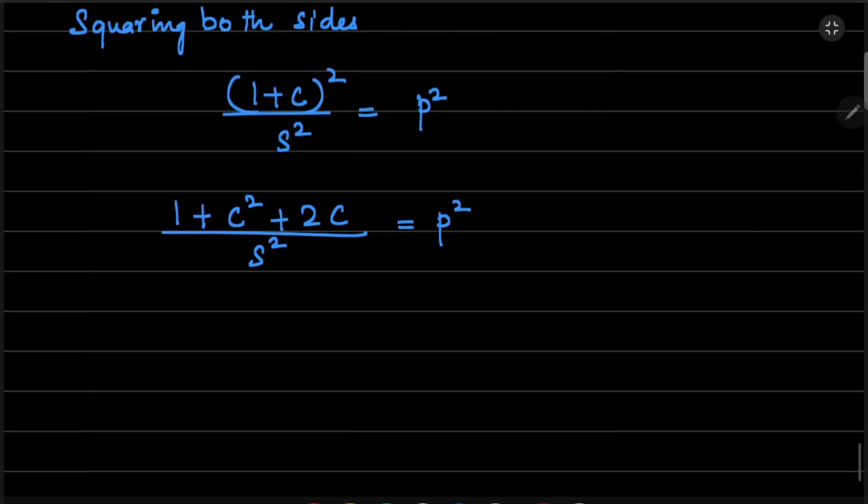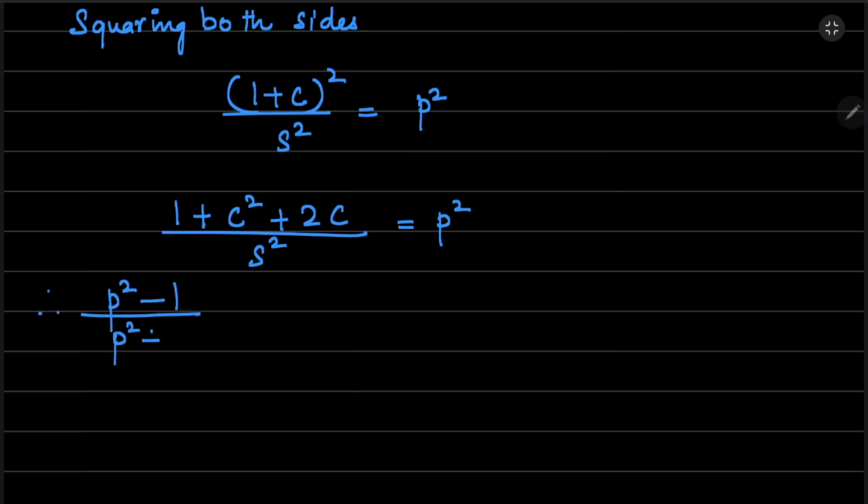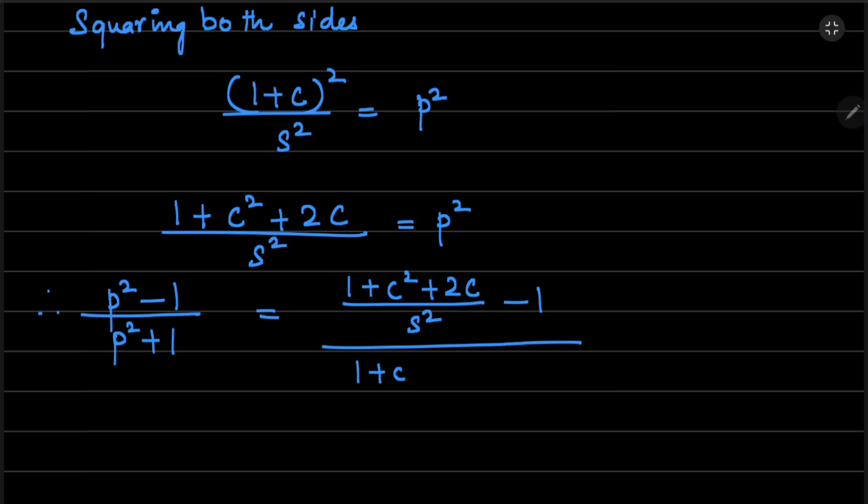Therefore, what can you write? p square minus 1 divided by p square plus 1 will be, what is your p square? 1 plus cos square plus 2 cos whole divided by sine square, minus 1, divided by, again, 1 plus cos square plus 2 cos divided by sine square, plus 1. When you take the LCM, you will have sine square in the denominator.